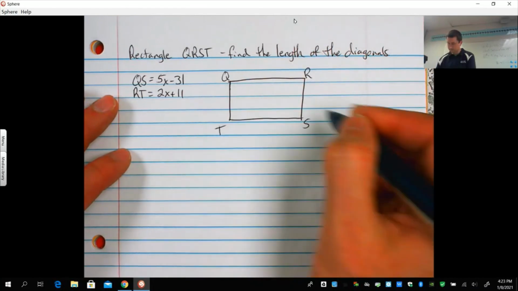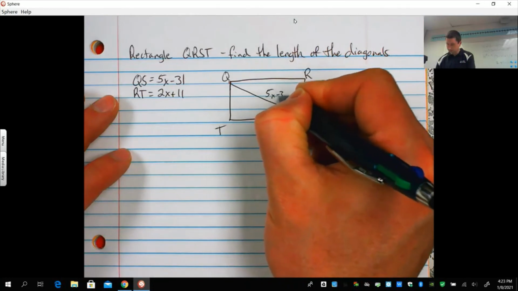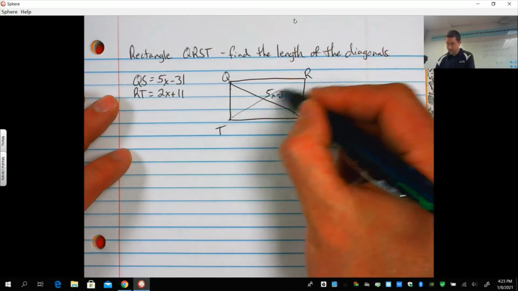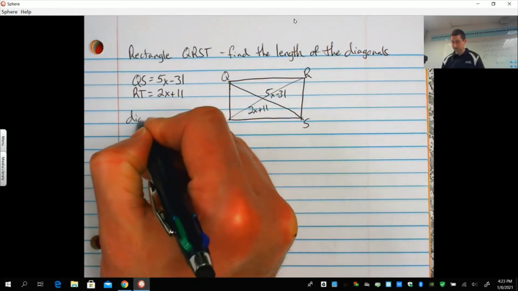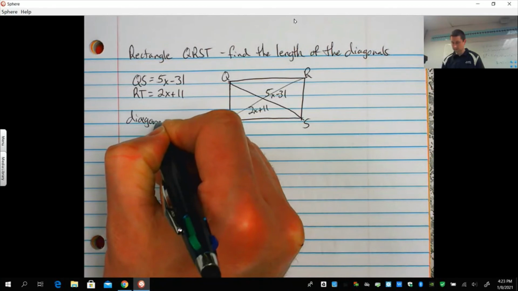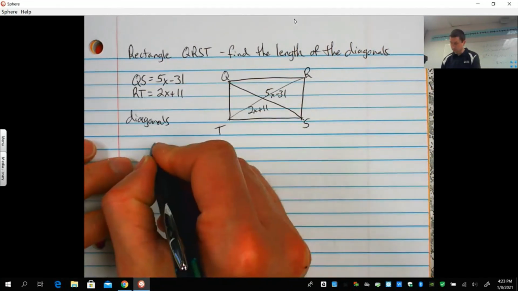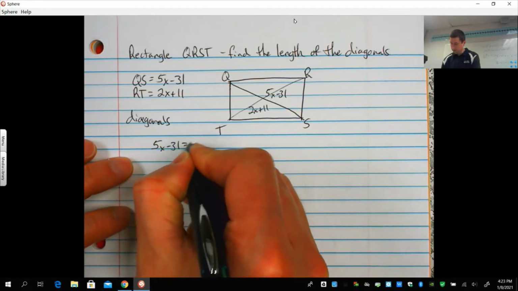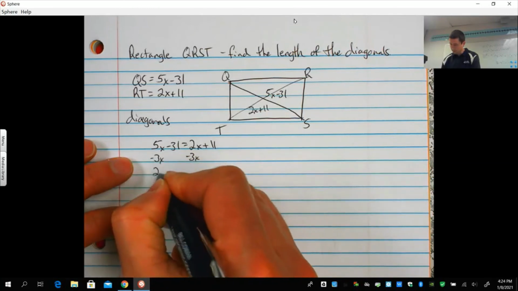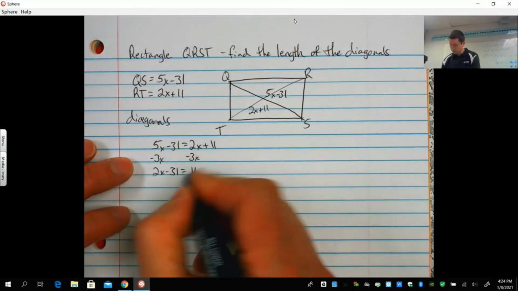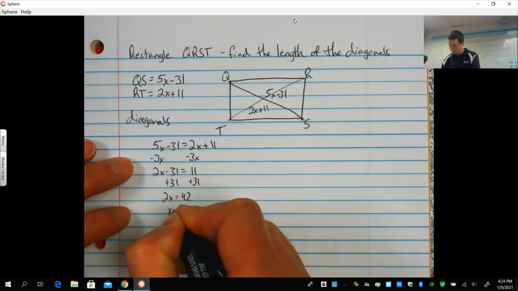They gave us the two lengths of the diagonals. In a rectangle, the diagonals have to be congruent, so we will say 5x minus 31 equals 2x plus 11. Minus 3x over, so 2x minus 31 equals 11. Plus 31, so 2x equals 42. We get x equals 21.